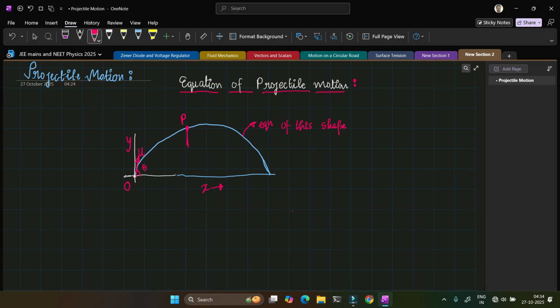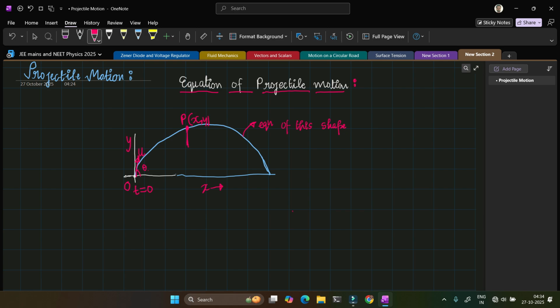So let us suppose that at time t equal to 0, we are throwing an object from the origin at an angle theta with an initial speed of u, and after a certain time it reaches a point P whose coordinates are x comma y.